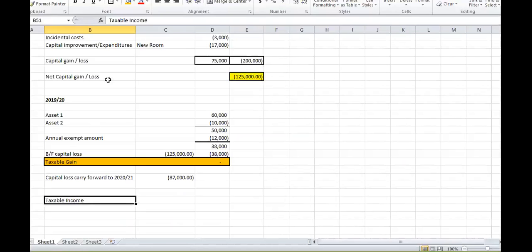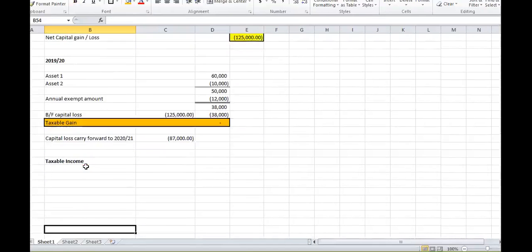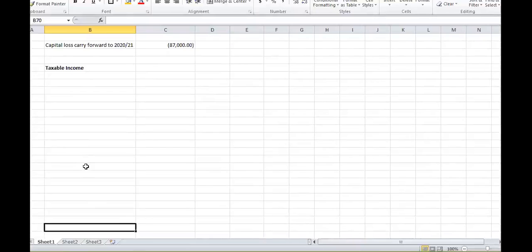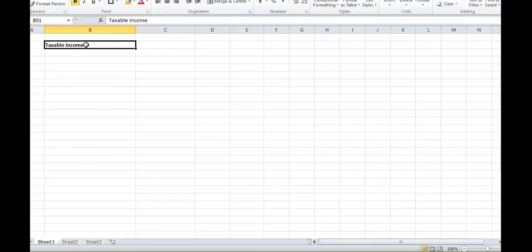I'm going to explain 2 points of income tax which are relevant over here. Taxable income. If we want to calculate, and I'm repeating once again, these points relate to income tax.